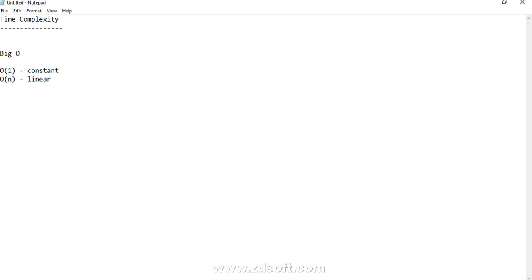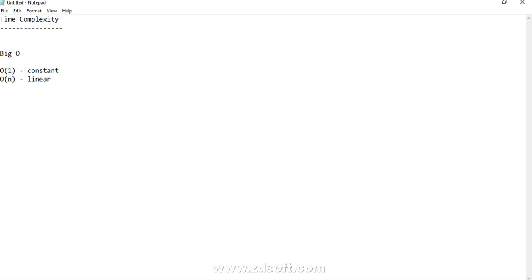So if our input contains 5 elements, then our time complexity will also be linearly proportional to that, order of 5. If 6, then order of 6. If there are 100 elements, then order of 100. If there are n elements, then we would say order of n. So this is what we mean by order of n, linear basically.